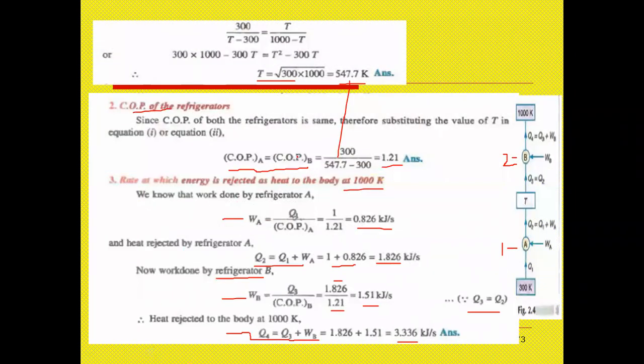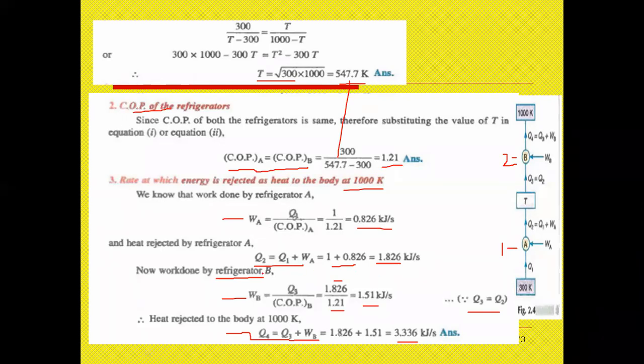So the work done by refrigerator A is equal to the heat, divided by COP of A. So 1 by 1.21 is equal to 0.826 kilojoules per second. Therefore, the heat rejected by refrigerator A, Q2, is equal to Q1 plus WA. Q1 is 1 plus 0.826, that is equal to 1.826.